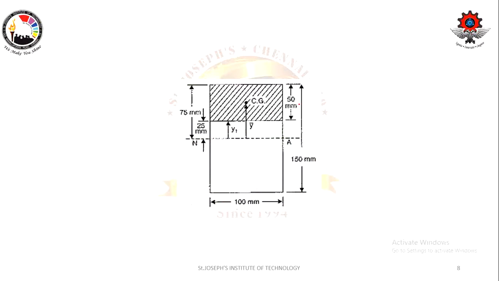Okay. Now, if you want to draw the shear stress distribution diagram, draw a reference line for this depth, right? Draw a reference line, and this denotes the neutral axis.